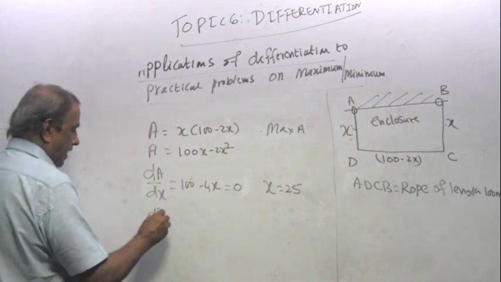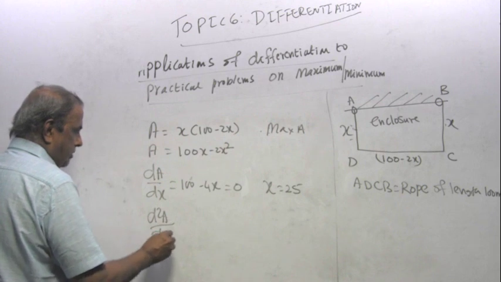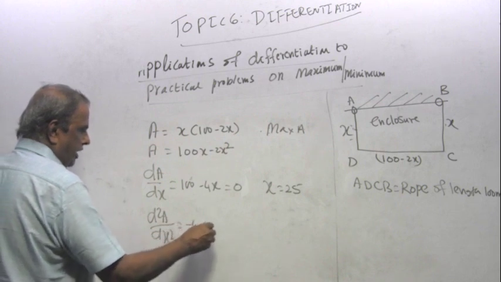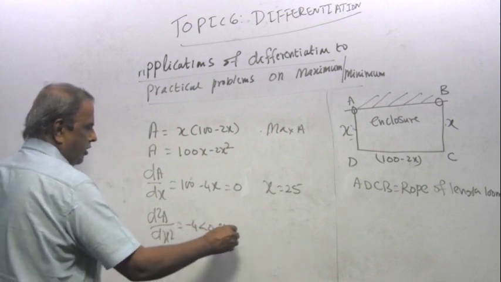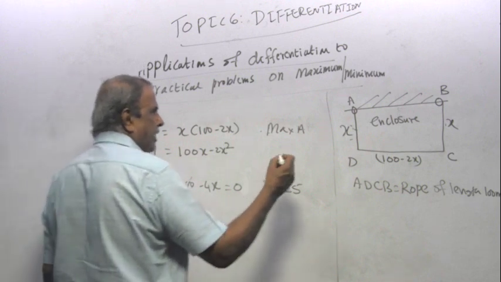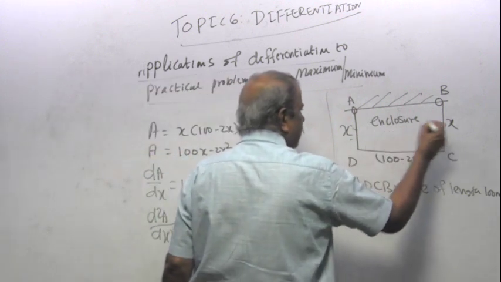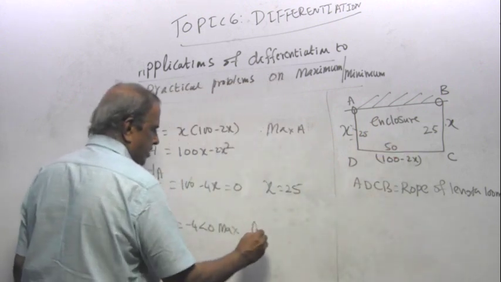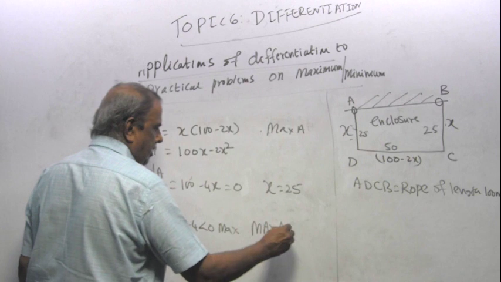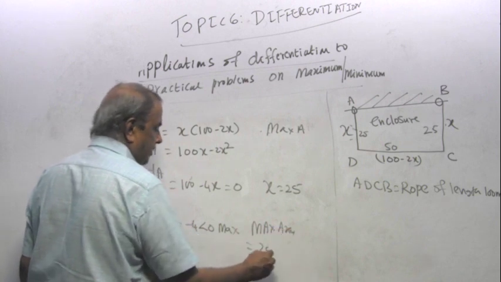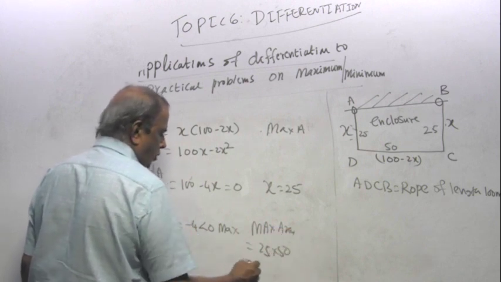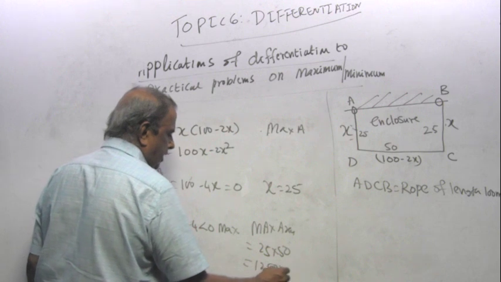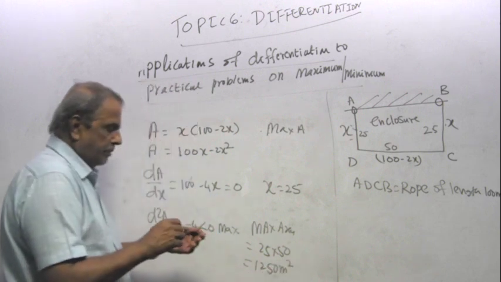So again, you must prove it is maximum: minus 4 is less than 0, so maximum. So therefore, if x is 25, that's a 25, that's a 25, that's a 50. So maximum area is 25 times 50, 1250 meters squared.